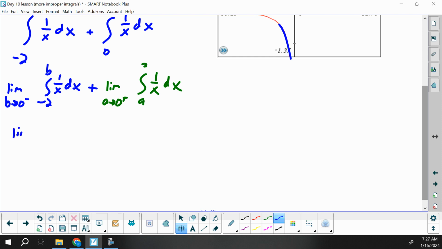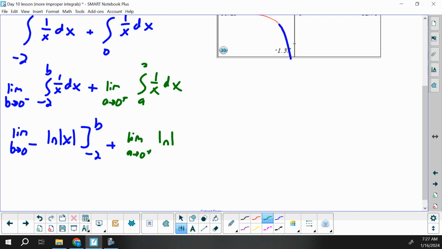So this becomes limit b approaches 0 from the left. This is going to be natural log absolute value of x, evaluated from negative 2 to b, plus limit a approaches 0 from the right, natural log absolute value of x. We're going from a to 2 in that case. So this will be limit b approaches 0 from the left.